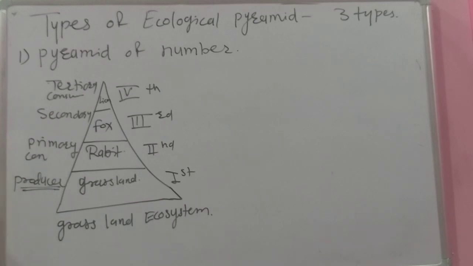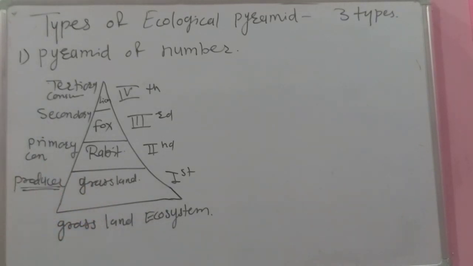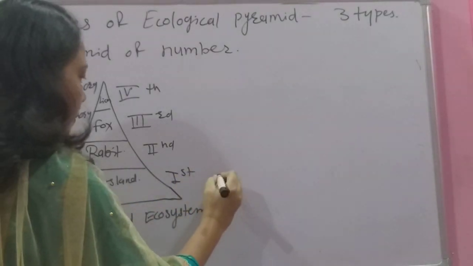In the type of pyramid of number, the calculation is of numbers, meaning how much grass is present in the first trophic level. This grass is many, large.